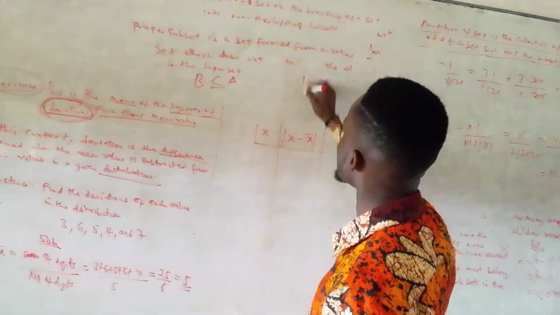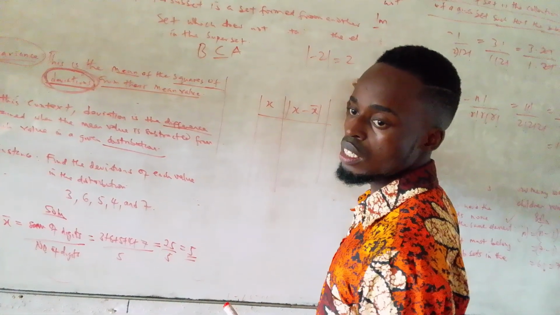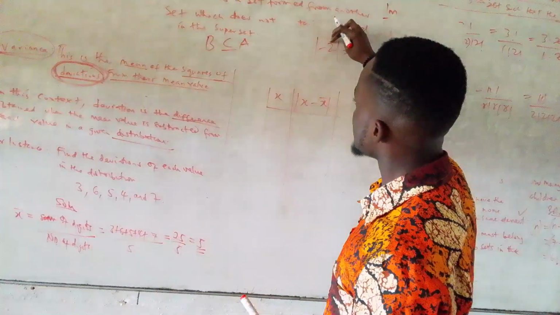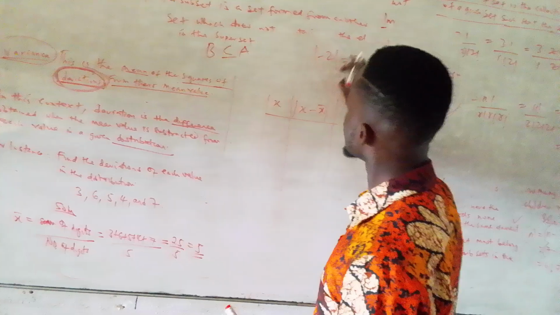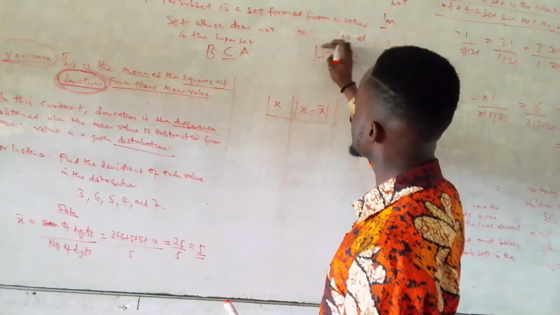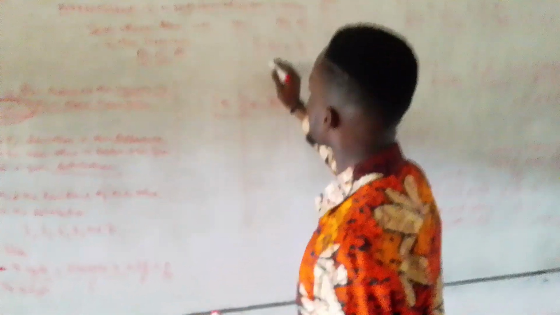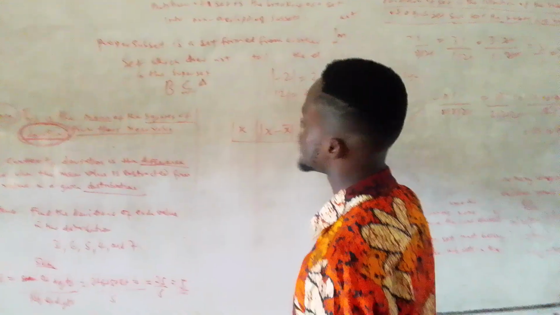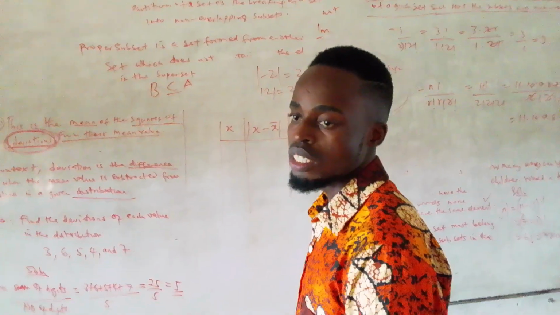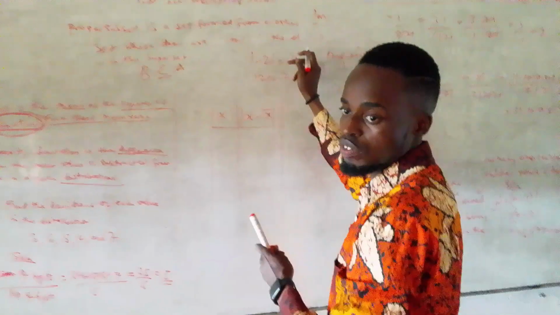For example, if I have something like this, it is equal to 2. By the time this negative value leaves this environment, it's going to become a positive value. What if it's a positive value? It will still remain a positive value. So this sign is used to change a negative value to positive.